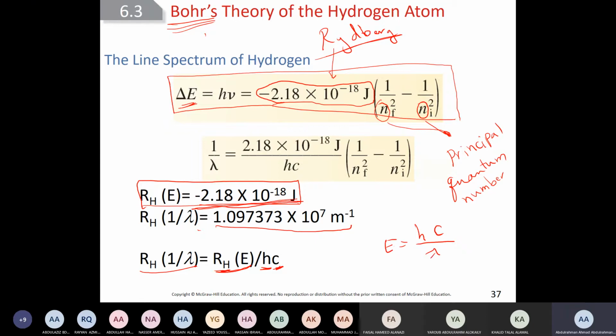So if I want to know lambda, it's actually hc over E. Is this clear? You have to know these things, the relation.